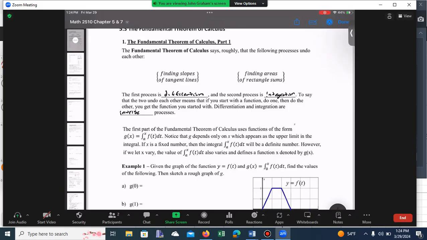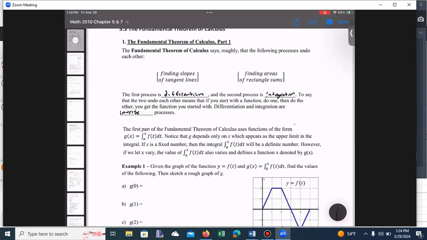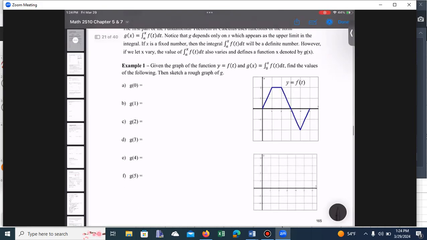So let's look at an example here. Given the function y equals f of t, and we have the graph of it on the right, we're going to look at g of x for different values of x. And g of x is the integral of f of t.